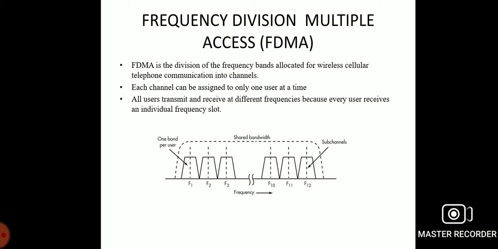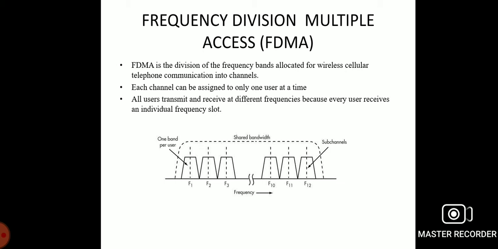Now we are going to discuss some features of FDMA schemes. First feature, proper filtering at the receiver side is needed to avoid adjacent channel interference. Also, if a channel is not in use, it will be idle and will not be used by some other user, hence there is a chance of resource wastage.